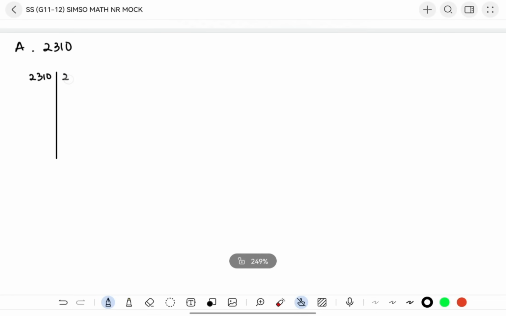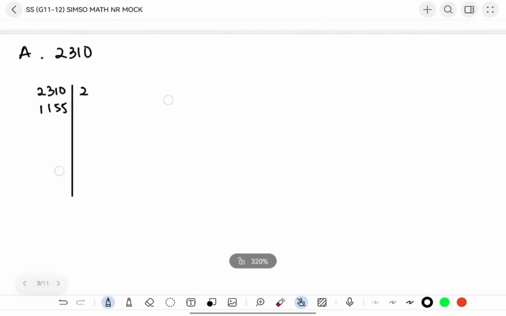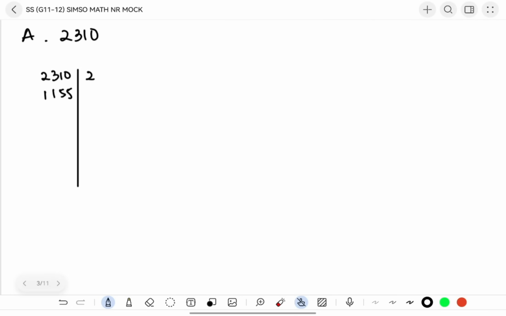Let's say 2. 2310 divided by 2 gives 1155. I don't think I can divide by 2 again, so I will divide by 5, since the number ends in 5.